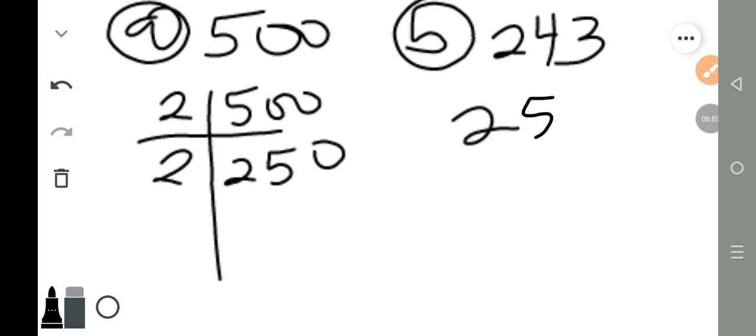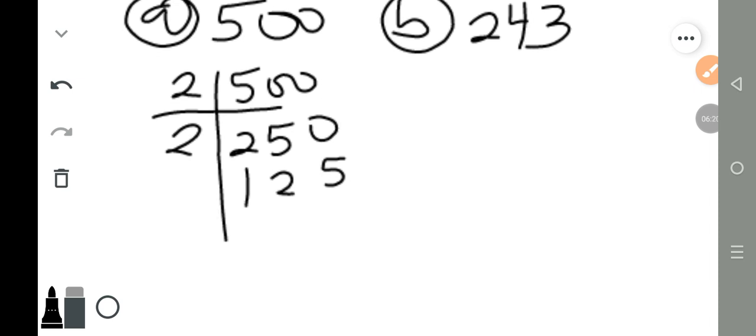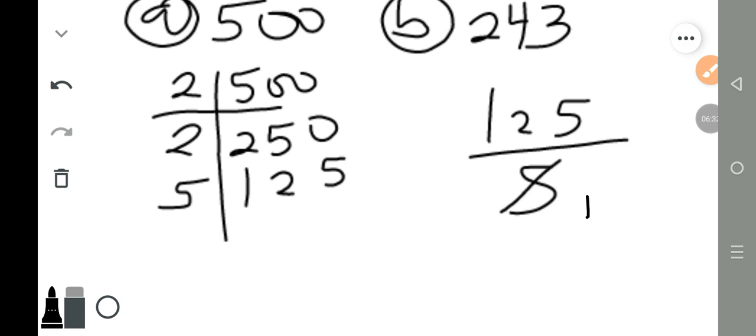So 250 divided by 2 is 125. So now 5. 125 divided by 5 is 25.